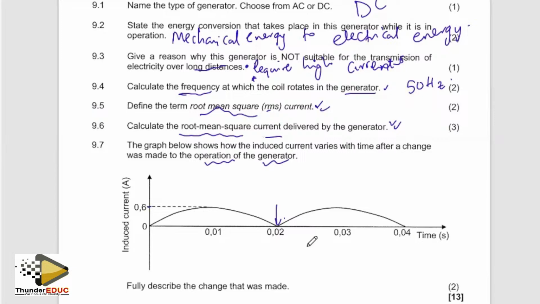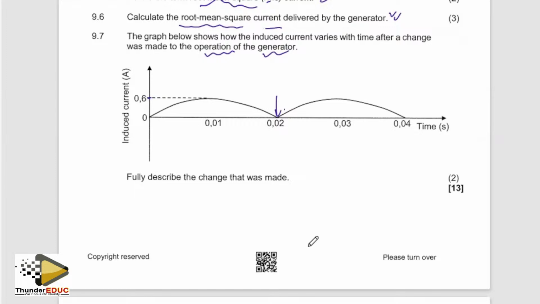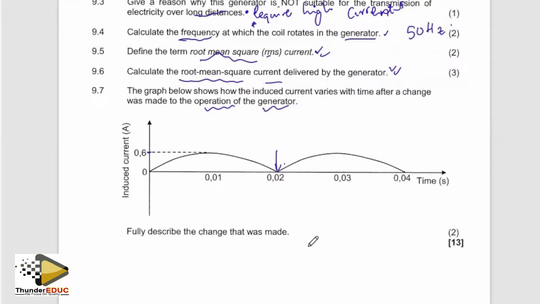They're telling us to fully describe the change that was made. So all I can say, since the current has reduced, we could look at the speed of the generator. Chances are high, the speed was halved.